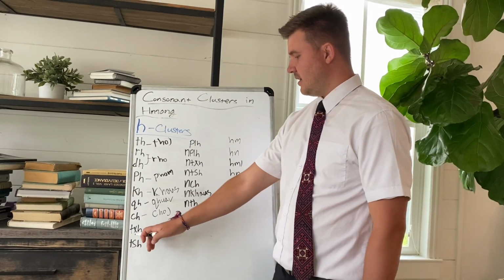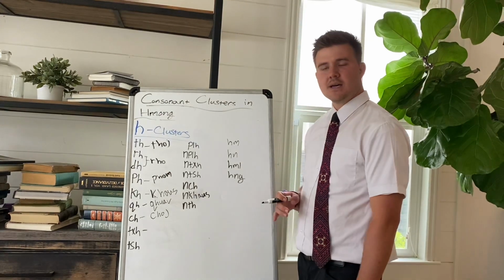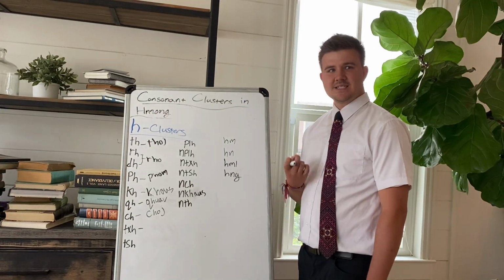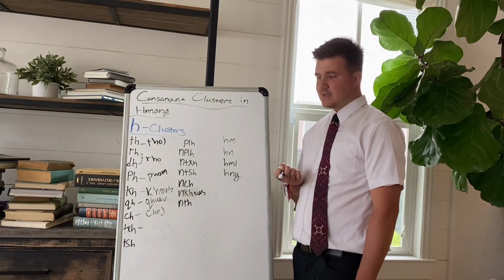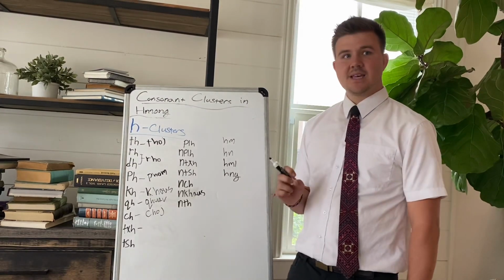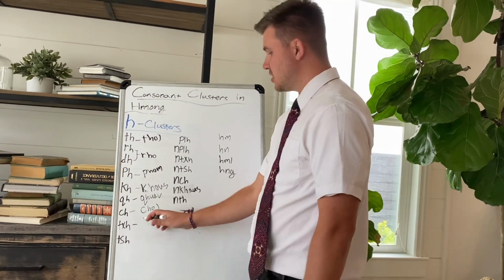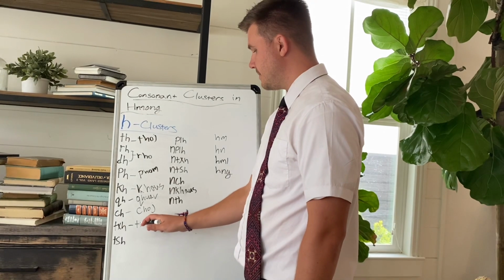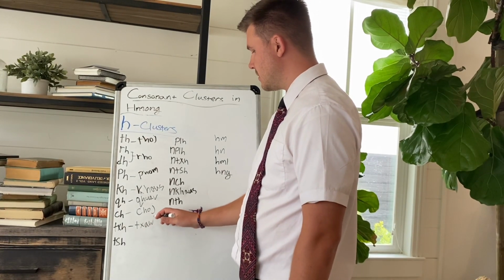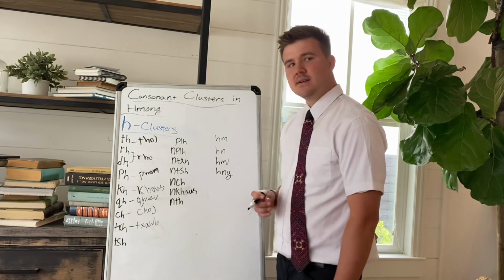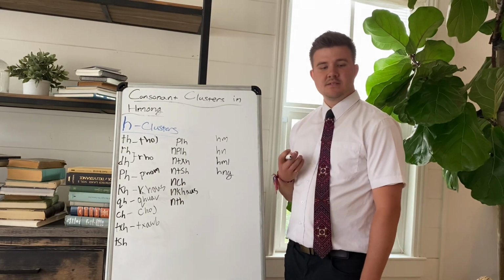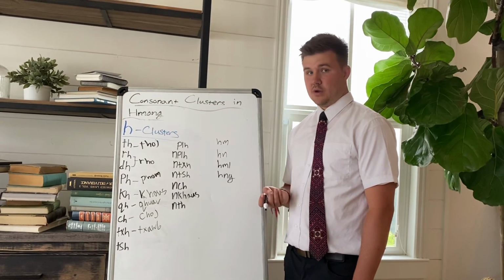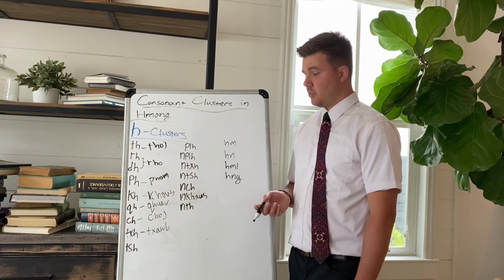Then we have this right here. Tsa, tsa. So before it was a z sound, like in pads. Now it's aspirated. Tsa, tsa. Just like in the word tsa, which means to support. Okay? To support.